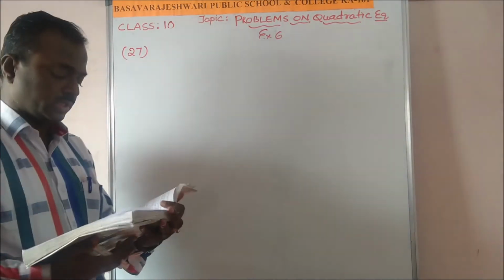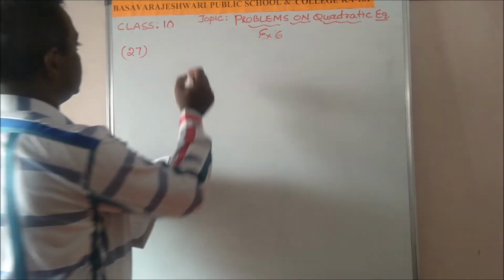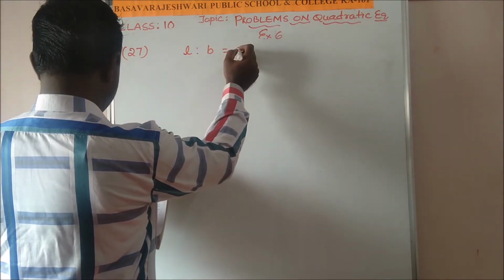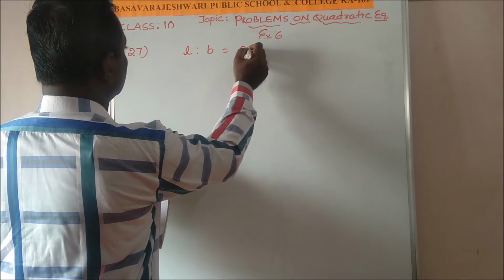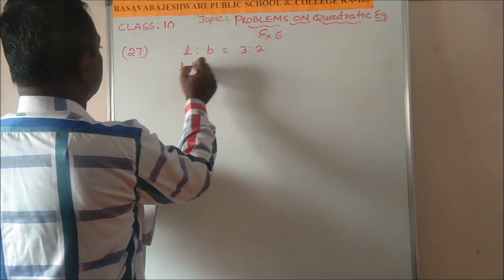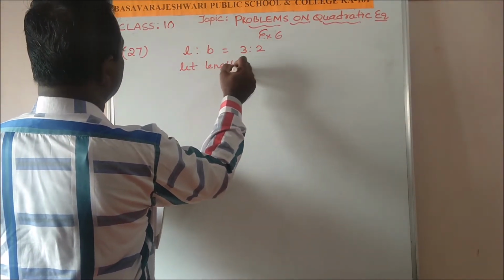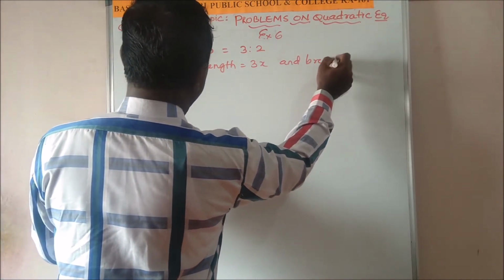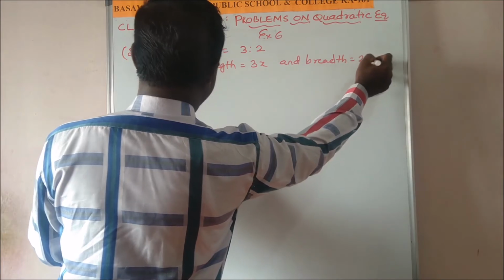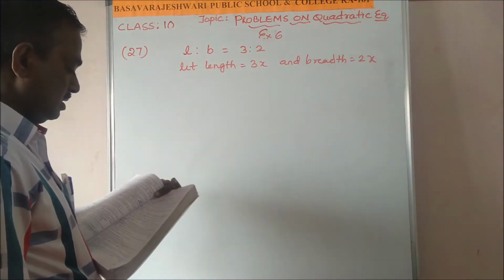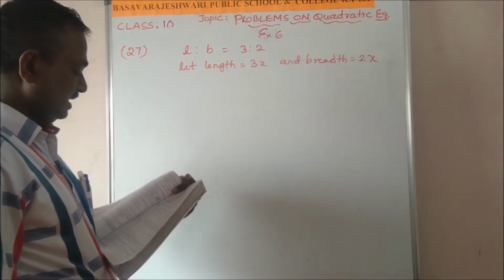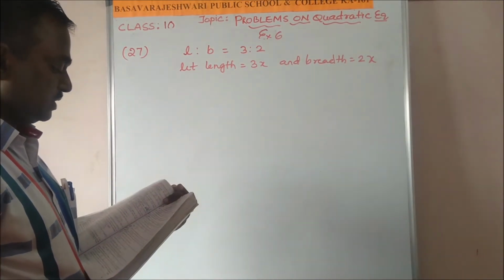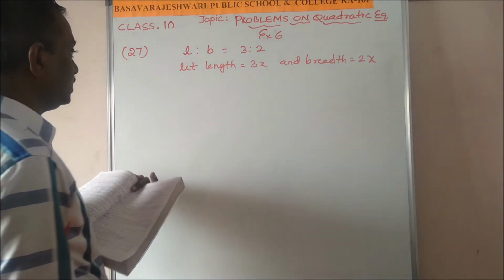So 27th question, the ratio between the length and breadth. Length is to breadth, they are given 3:2. So let length be 3x and breadth be 2x. Next, if only the length is increased by 5 meters, the new area of the field will be 2600 square meters.